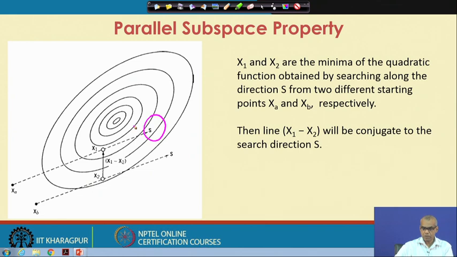Similarly, starting from x b, I have performed unidirectional search to minimize the quadratic function along the direction s and I have obtained x 2. Then the line x 1 minus x 2 will be conjugate to the search direction s. So, the line x 1 minus x 2 is conjugate to the search direction s.